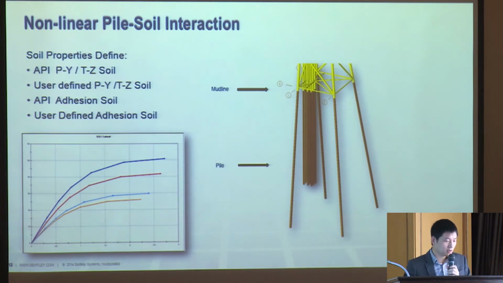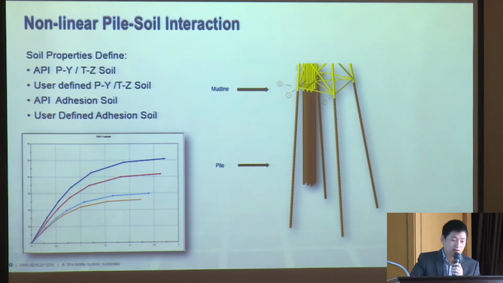And we also support the user self-defined adhesion soil parameters. For example, sometimes we just have the soil submerged density, the undrained shear strength, and the friction angle for sand.